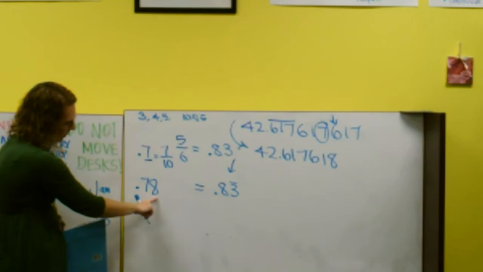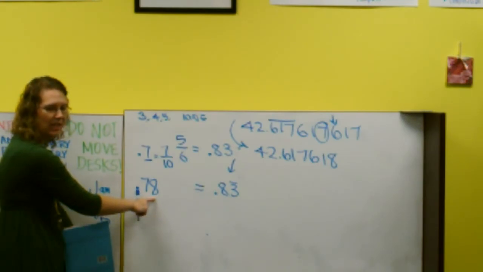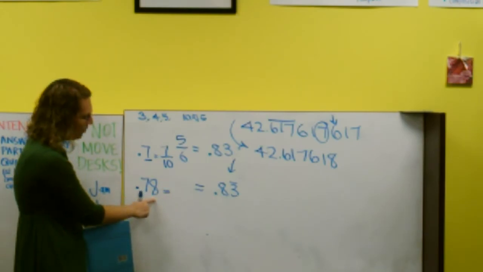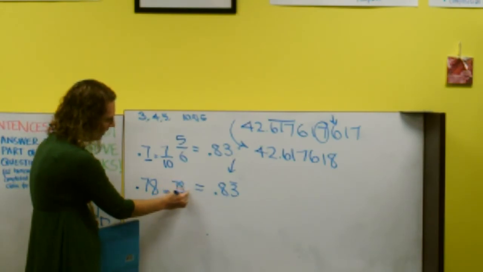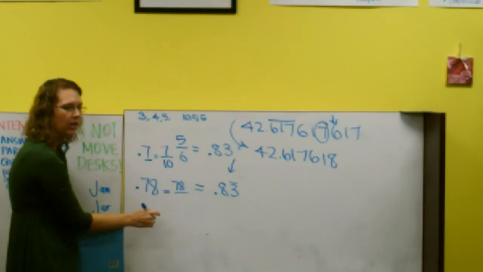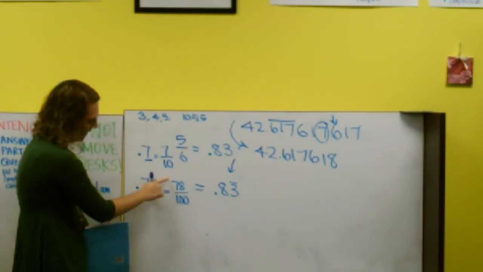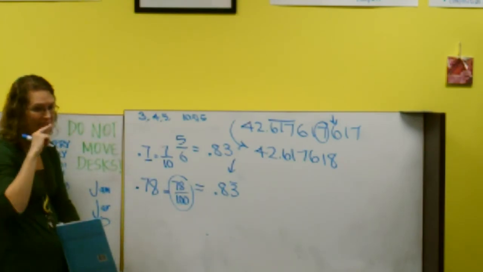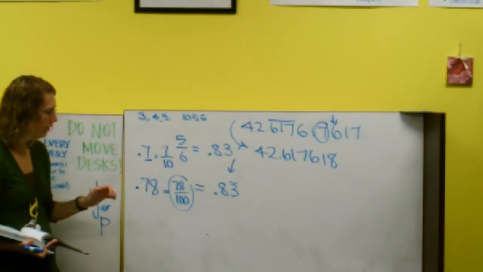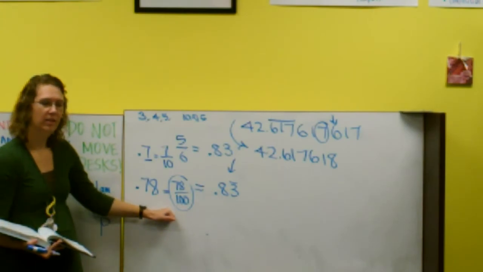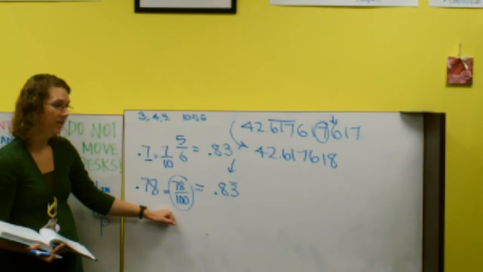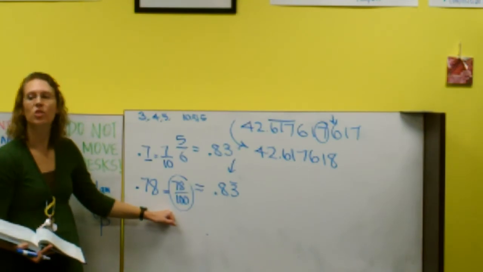Okay, if we had 0.78, what place is my 8 in? The hundredths. So what am I going to put 78 over? 100, exactly. 78 over 100. Could I reduce 78 over 100? Yes. By what? 2.